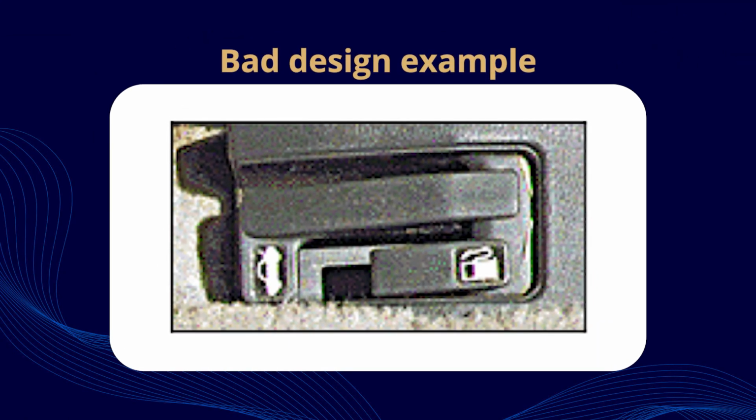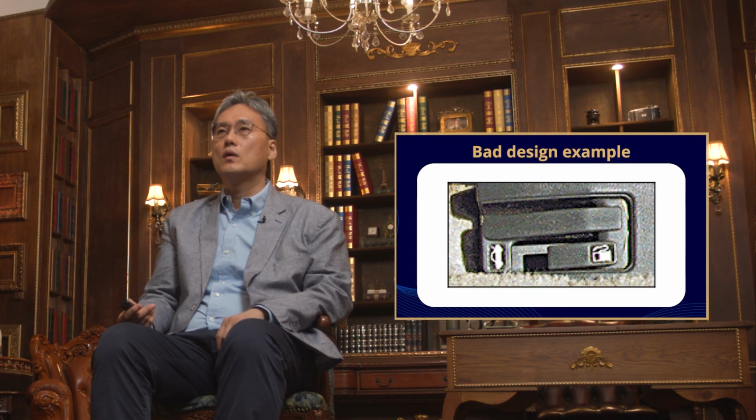The next example of poor design involves two lever controls situated close to each other on the floor of a vehicle's interior. Unfortunately, they are positioned in an area with inadequate illumination, making it difficult to visually distinguish them.